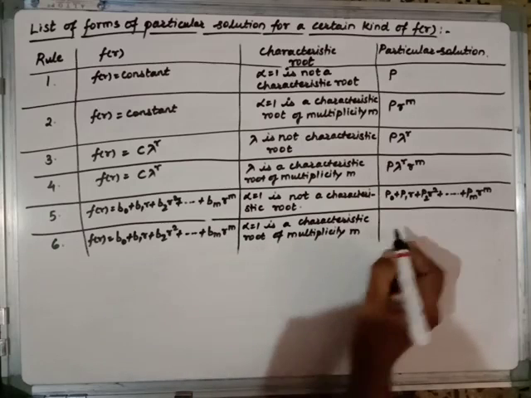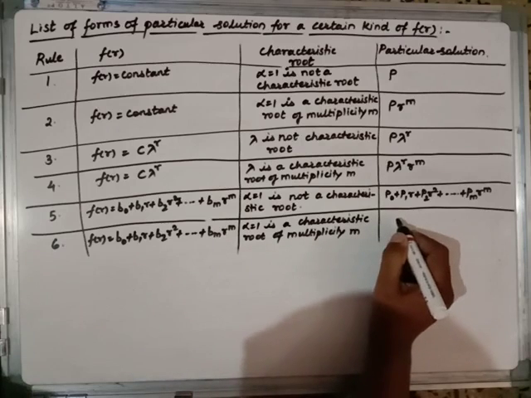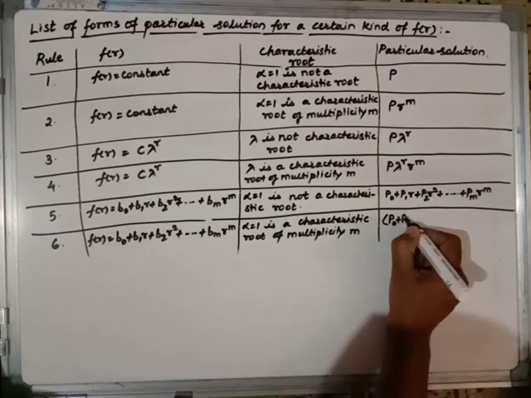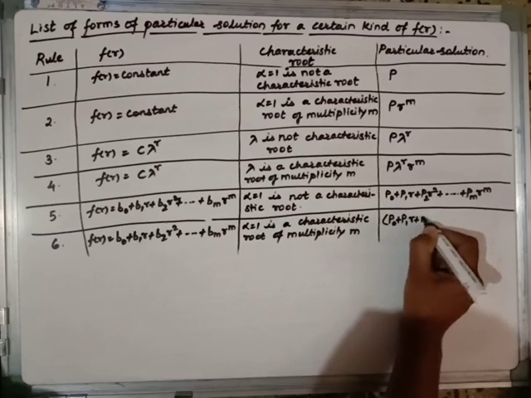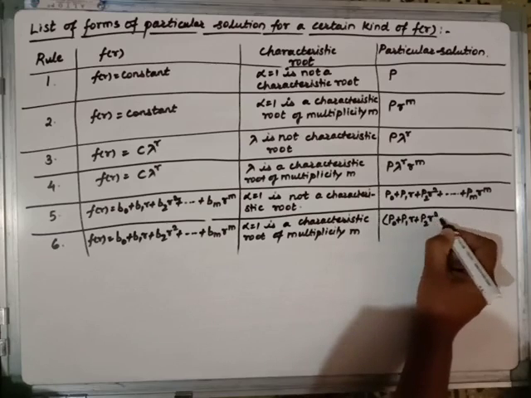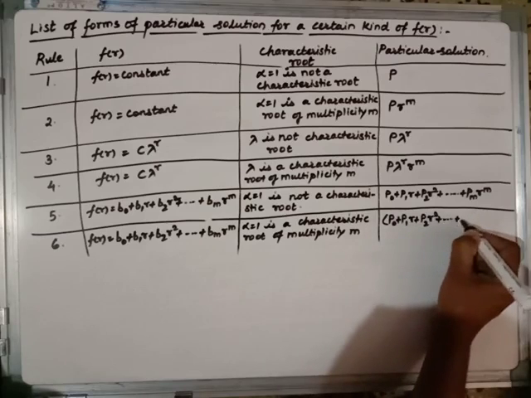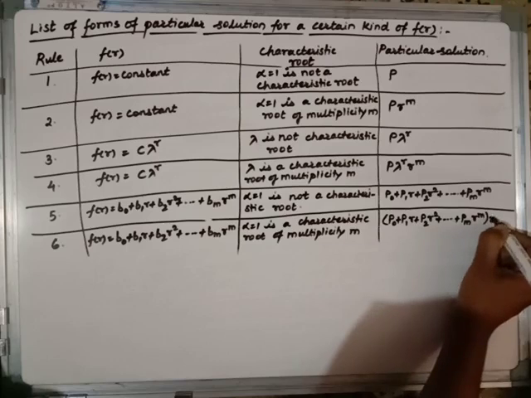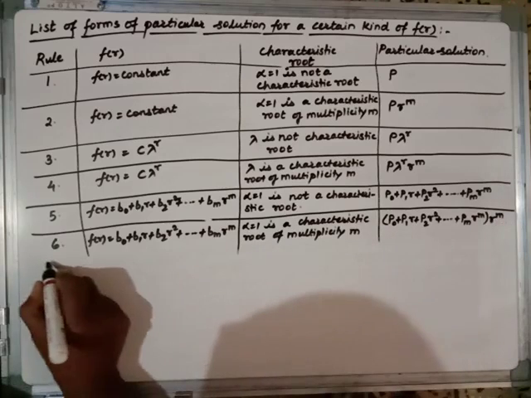This is the way. So now here, what will be the particular solution? The particular solution will be p0 plus p1r plus p2 r square plus so on up to pm r raised to m, into r raised to m. Okay.